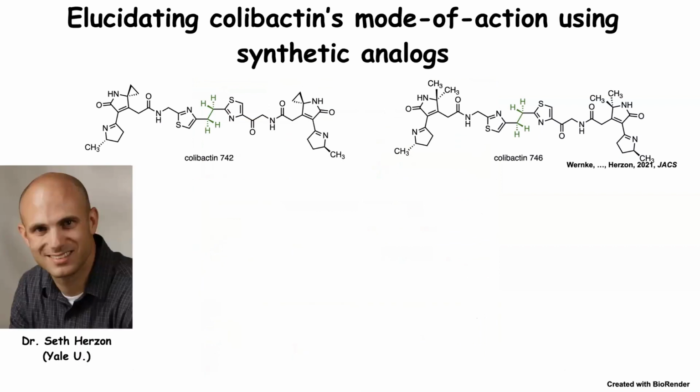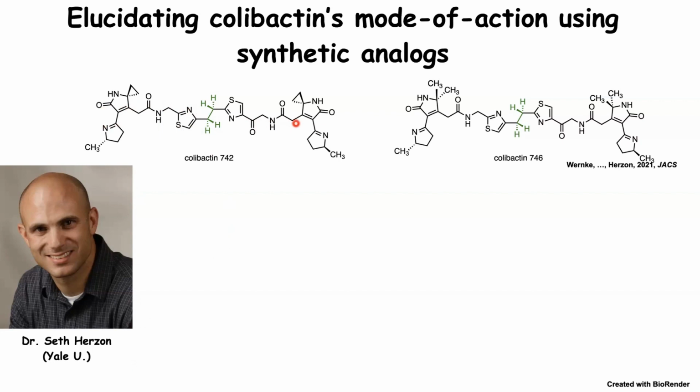So we partnered with the group that solved the molecule structure in silico. All right, so this is not purified, this is total chemistry. The PI is Dr. Seth Herzon at Yale University. We collaborated because they synthesize this molecule.